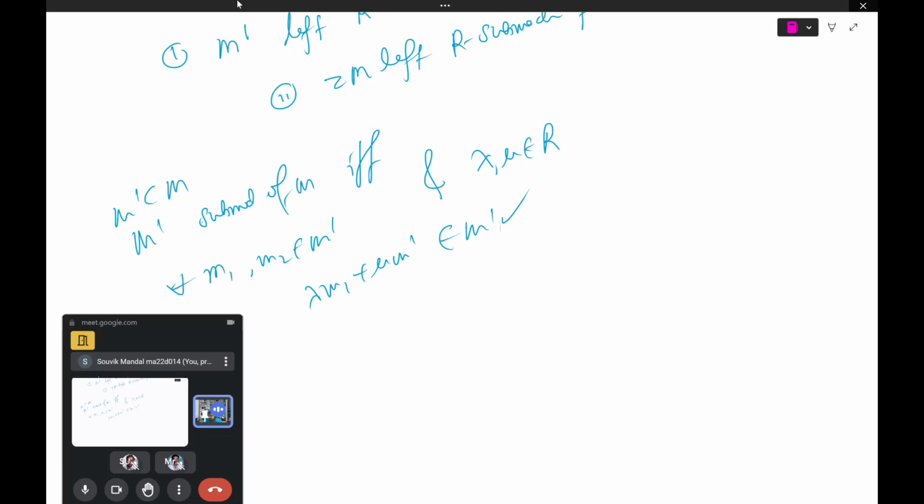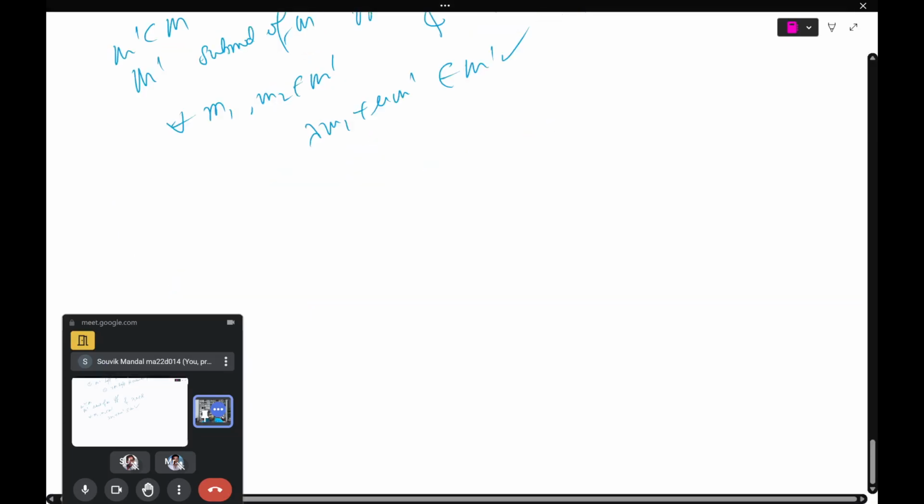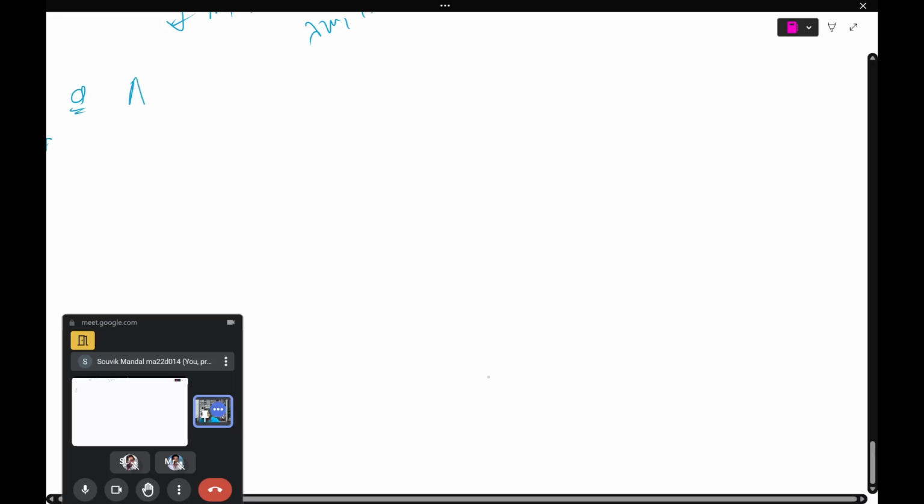So now, consider the matrix A and consider the linear transformation given by A, P goes to TP.